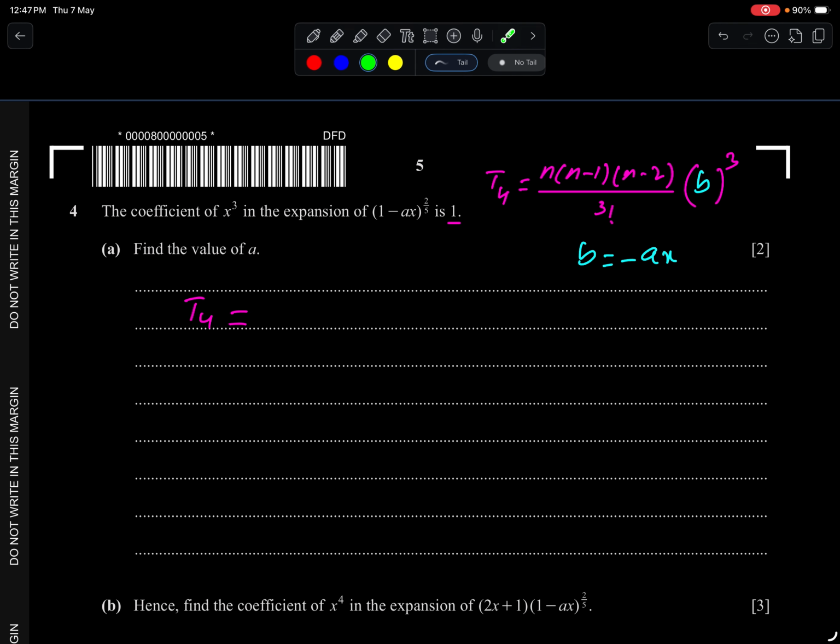Take the second term with its sign. Minus ax, okay? And what is n? n is 2 upon 5. Now substitute these two very carefully in the formula of Tn, T4.